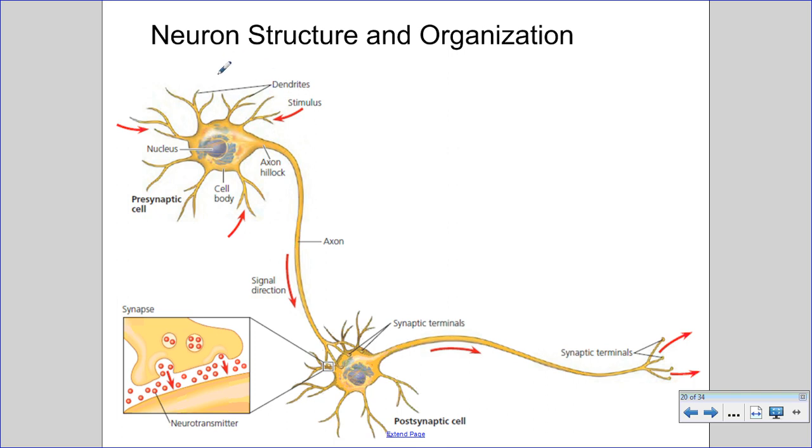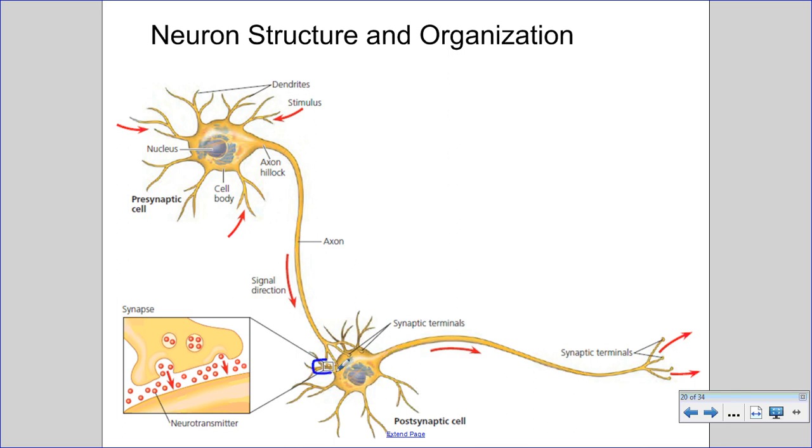The dendrites receive a stimulus, and then allow that action potential or nerve impulse to be generated. That nerve impulse is carried down the axon, which is a very long extension from the cell, which ends in branches called the synaptic or axon terminals, which will connect to an adjacent cell.